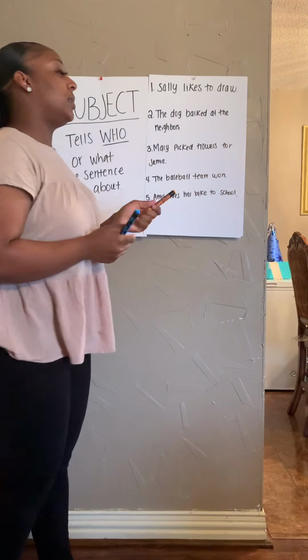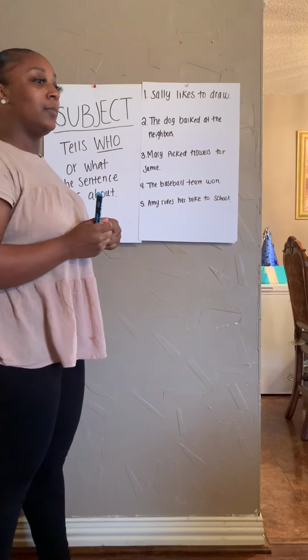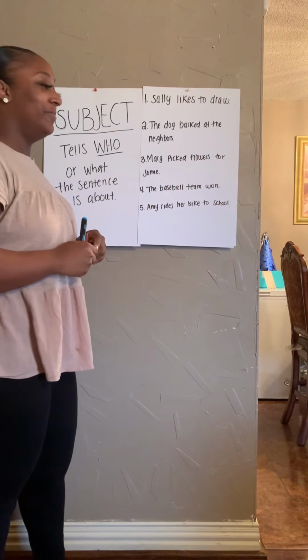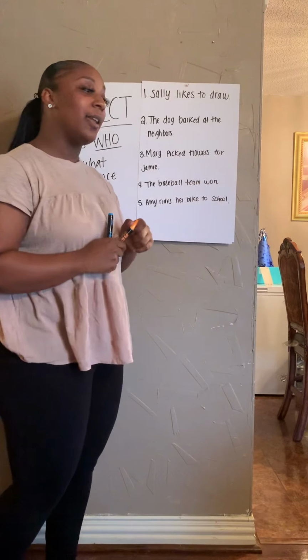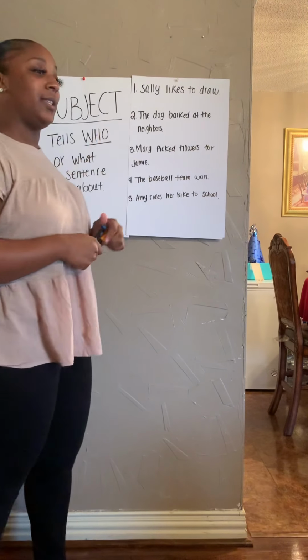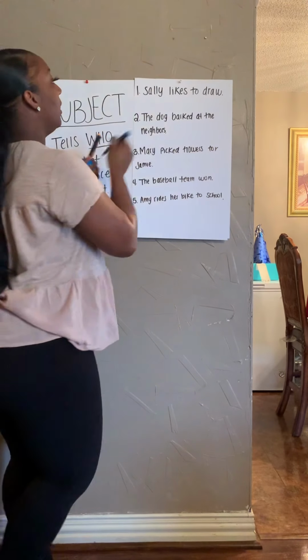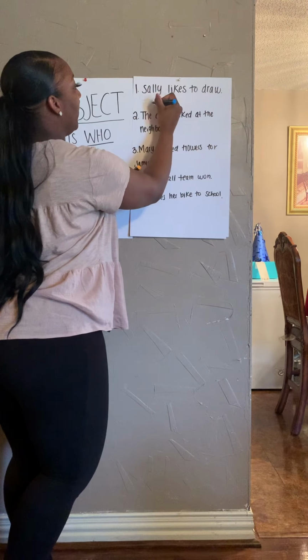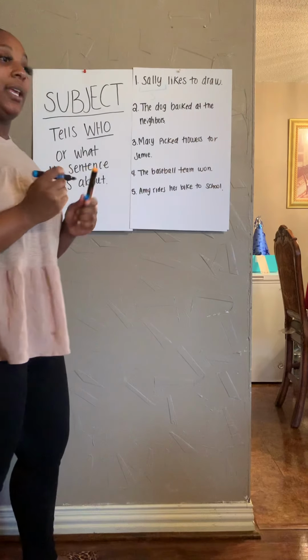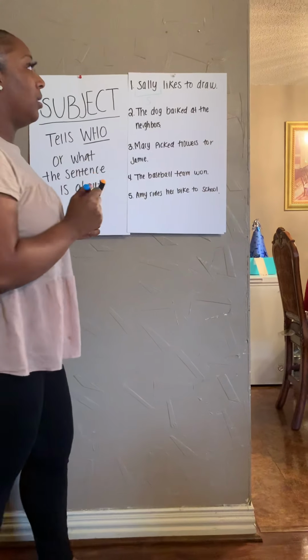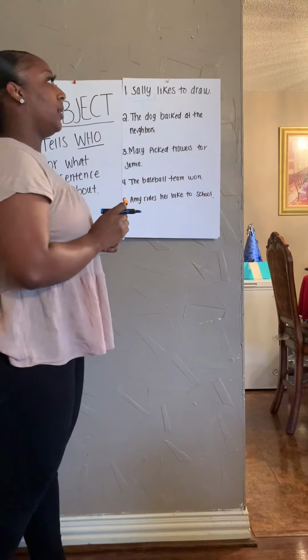What do you think our subject is? Sally likes to draw. Let's think about it. Who are we talking about in this sentence? Sally. Yes. So Sally will be our subject because Sally is who the sentence is talking about. What is going to be our predicate?